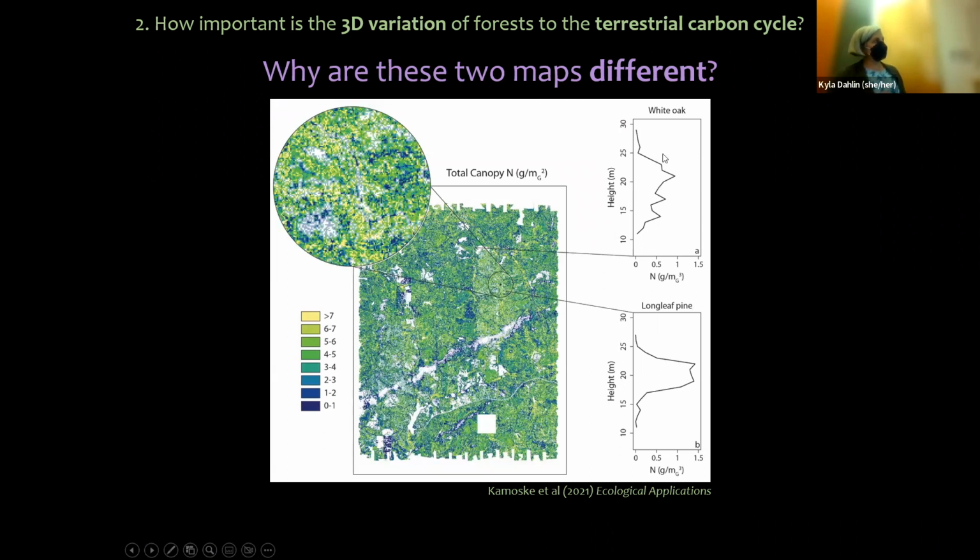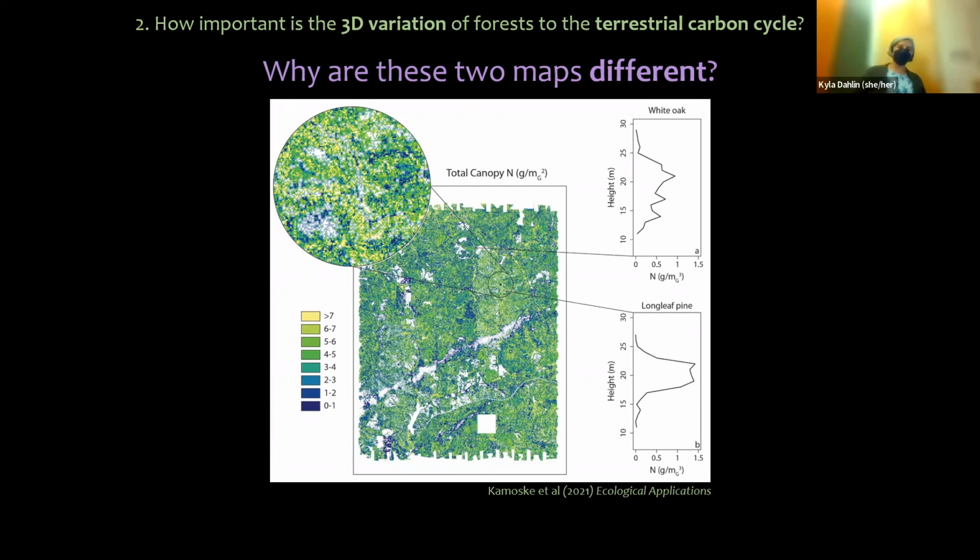So white oaks have their leaf material more evenly distributed throughout the canopy. The longleaf pines are really bunched up at the top. And so while an individual needle might be really different from an individual leaf, when you look at the entire canopy as a whole, some of that difference seems to go away, which is exciting and again was not really what we were expecting.